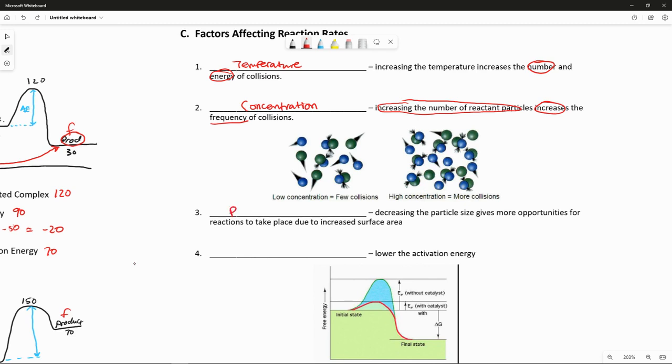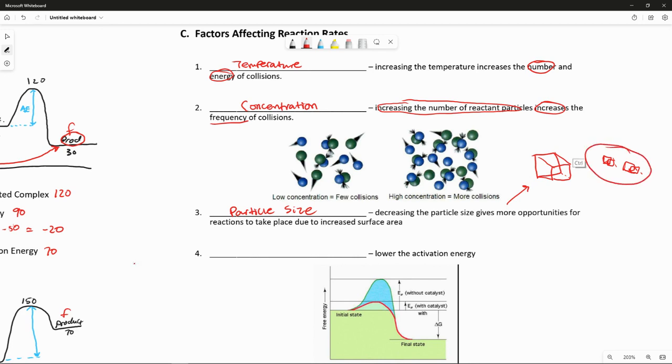The third one is particle size. Decreasing the particle size gives more opportunities for reactions to take place due to increased surface area. Say we have some particle, let's call it salt. We have one big block of salt versus many small blocks of salt. We're going to obviously have more surface area with many small ones than with one big one.